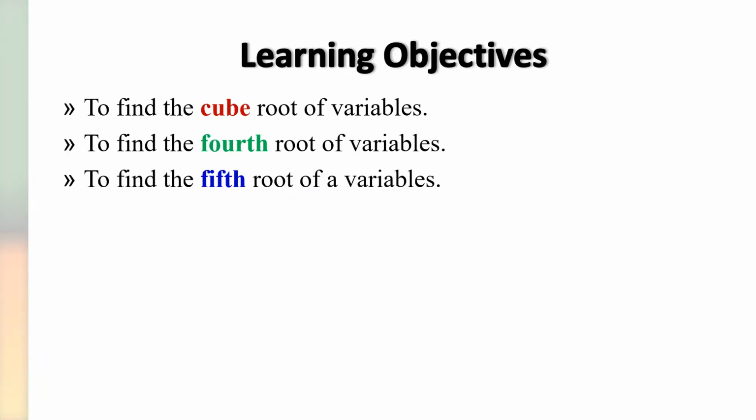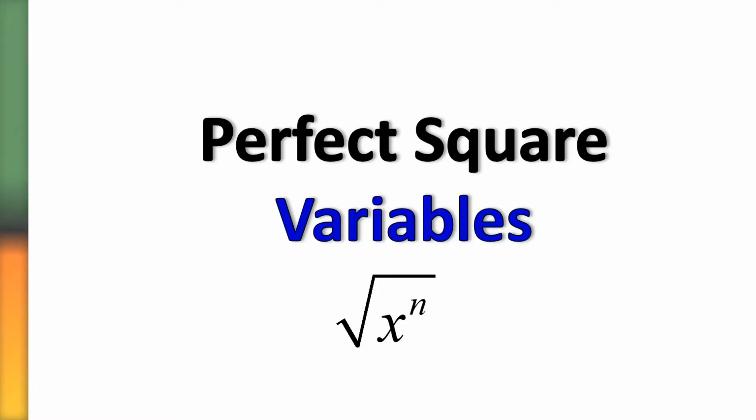In this lesson, we're going to find the cube, fourth, and fifth root of variables. Perfect square root variables. Well, recall that for square root, you don't see an index outside, but it is assumed that the index is 2, so you're dealing with square root.